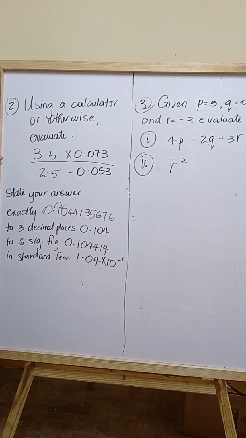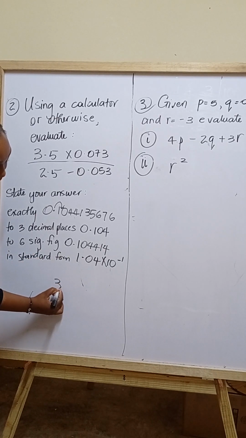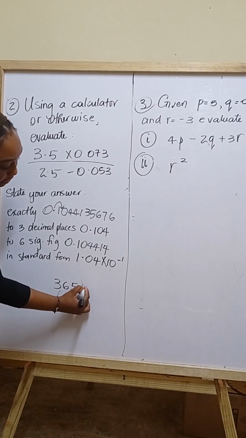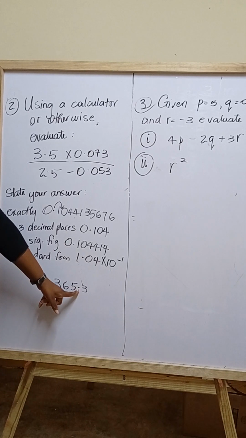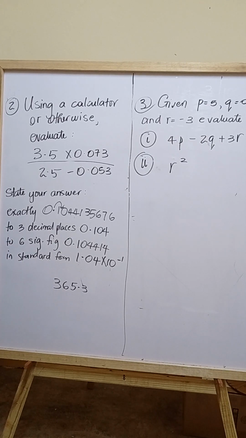Let's look at another example where the power of 10 is positive. Let's say we have to write 365.3 in standard form. So we're moving this point to the location to the right of the first non-zero digit. So it's going to be between the 3 and the 6.